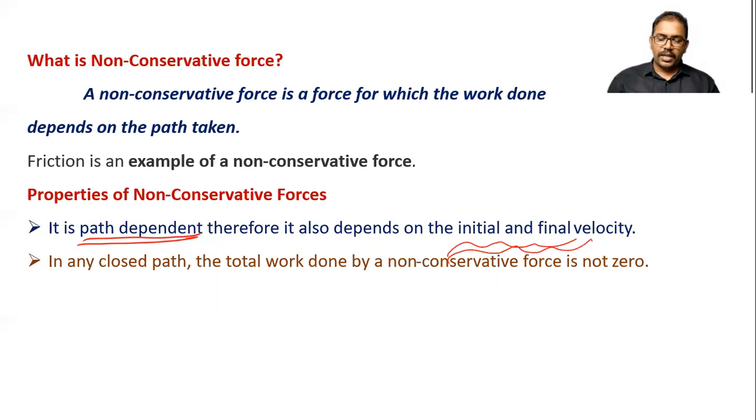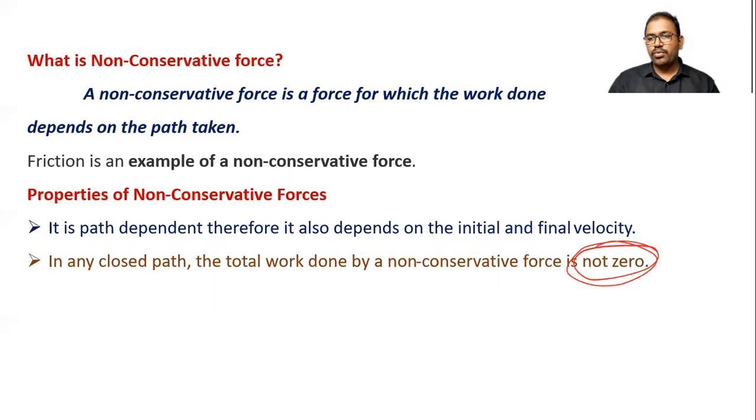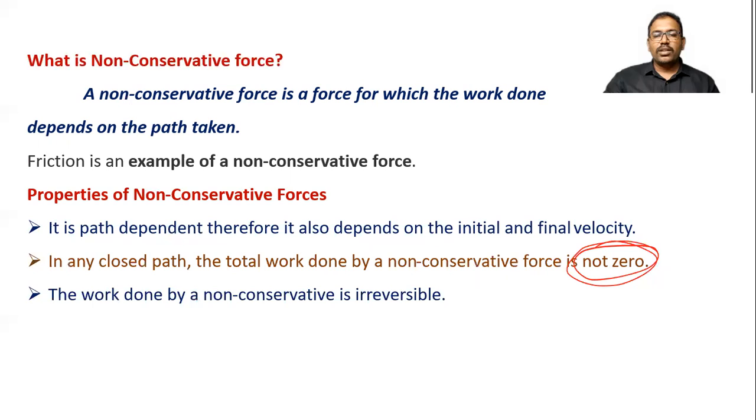In any closed path, work done by a non-conservative force is not zero. When we are talking about a closed path, even if the object is moved by a non-conservative force in a closed path, the work done does not come out zero. That is, the work done by a non-conservative force is irreversible.